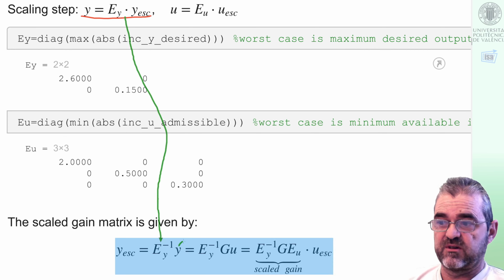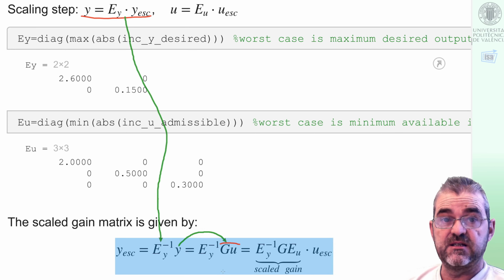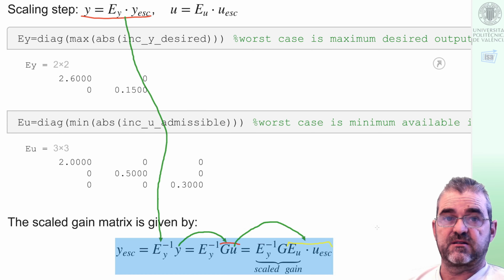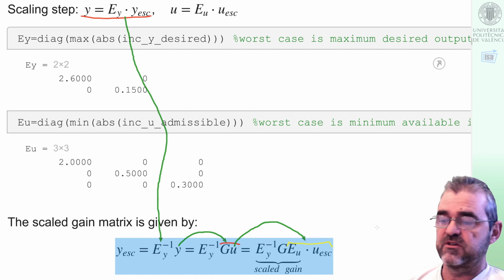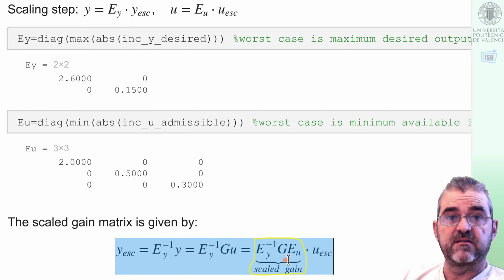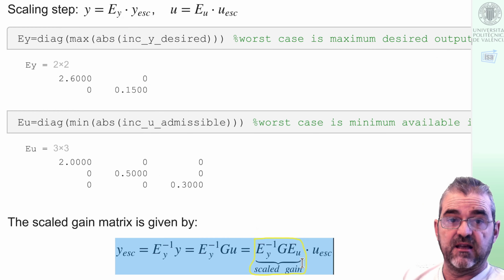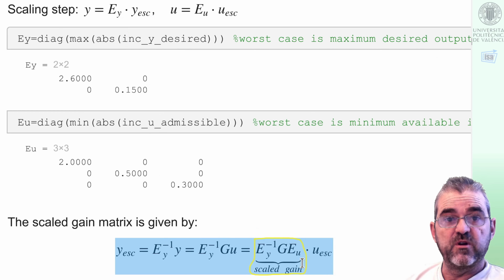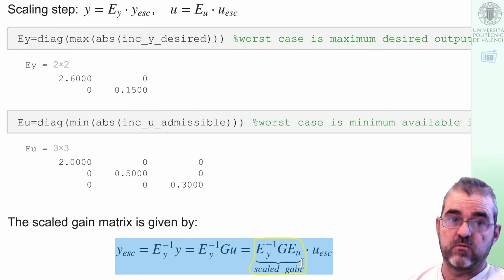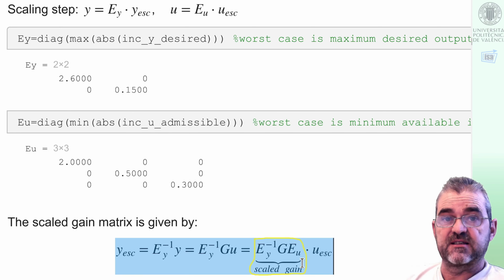Second, my model says that y is G U, of course we are in incremental linearized units. And third, my input in the original units is the scaled input times the scaling coefficients, E U. So this thing is a so-called scaled gain, so that my problem will be solved if the scaled gain maps inputs of size 1 to outputs of size larger than 1.